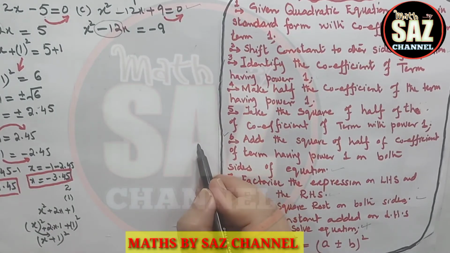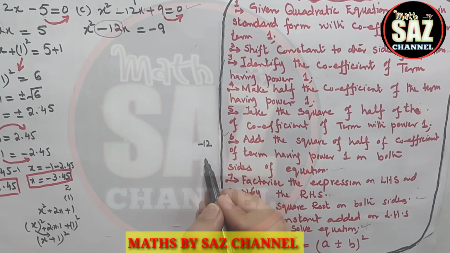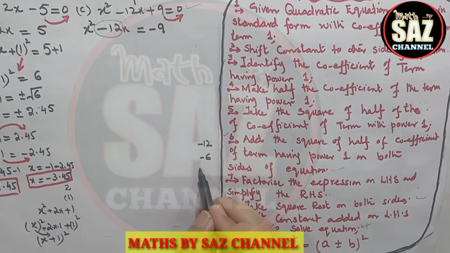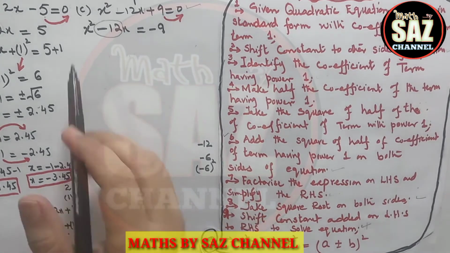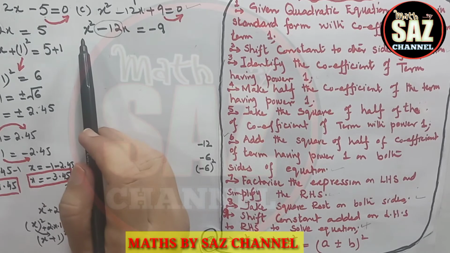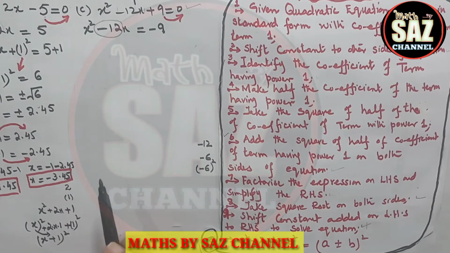I have to half it, that means divide it by 2, it will become minus 6, and then I have to take the square of this half, minus 6 square.